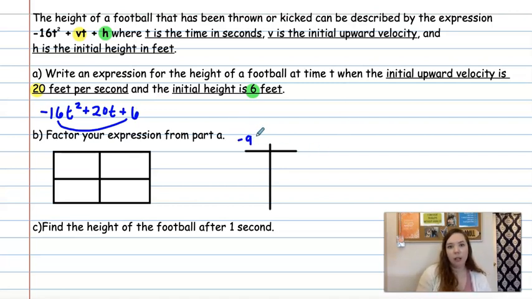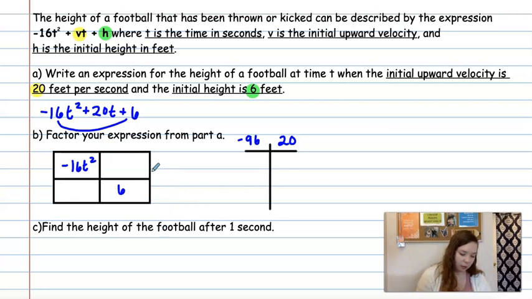And then we want it to add to be 20. So I'm going to go ahead and put my negative 16t squared and my 6 here. And then negative 96 that adds to 20.